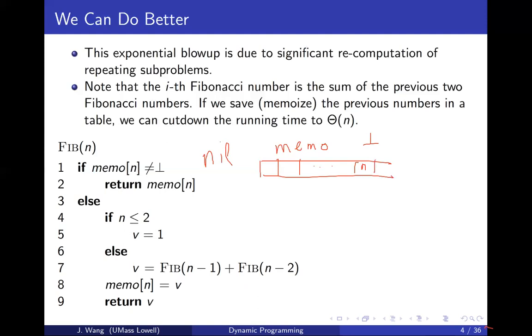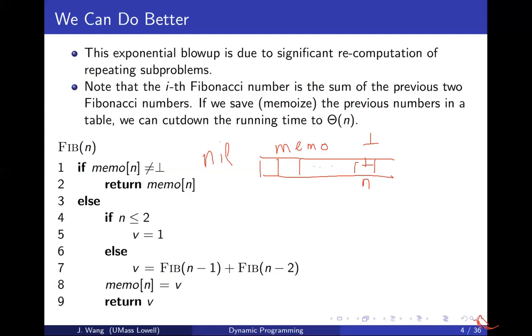Sorry, this is not the right way to write it. So let's say this is n, and the value, let's say, is nil here. So in this case, we're going to check.